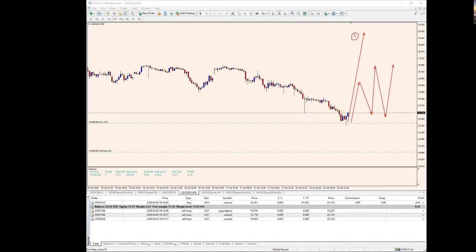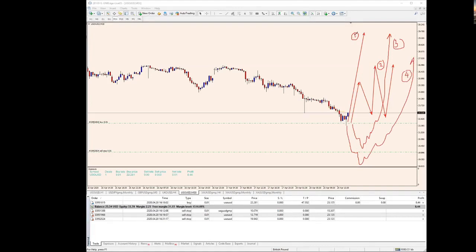Third outcome, price goes lower but does not touch your sell stop and goes all the way up. Fourth is it touches your sell stop, and somehow, because of the ground zero, as the price drops lower, it always bounces up.